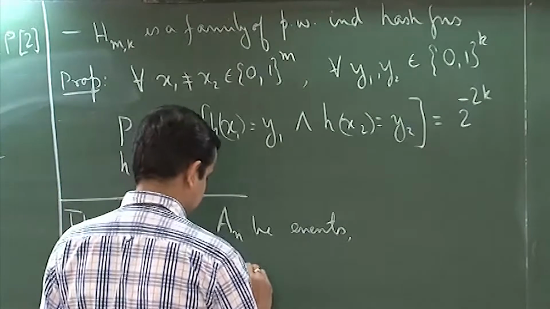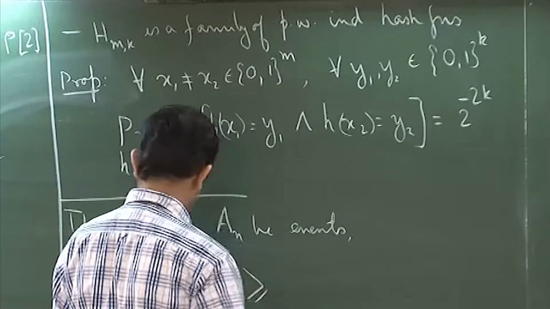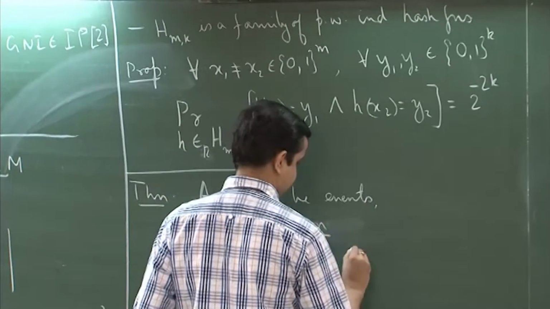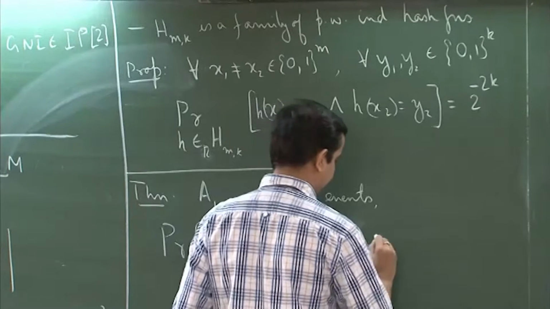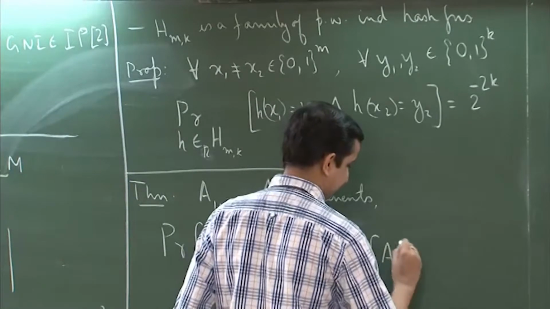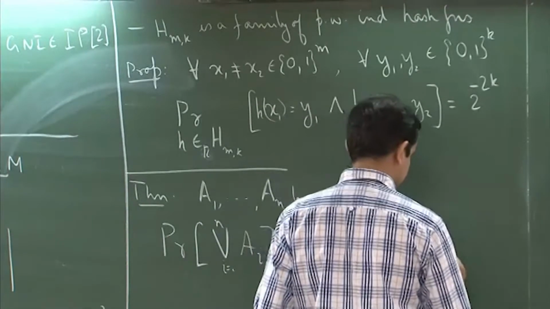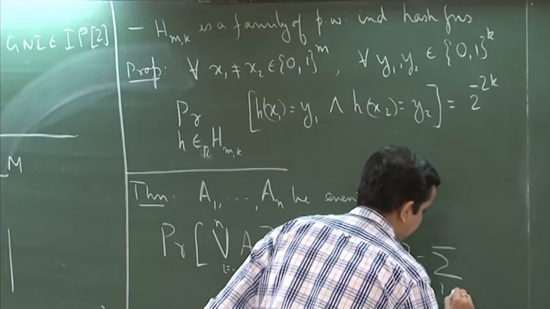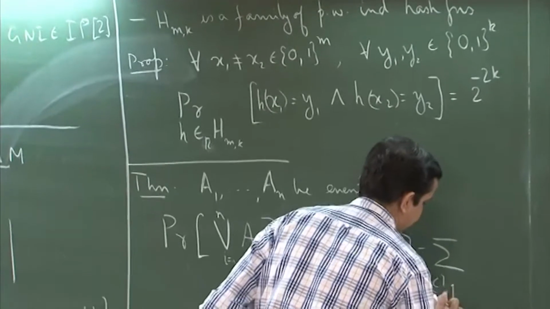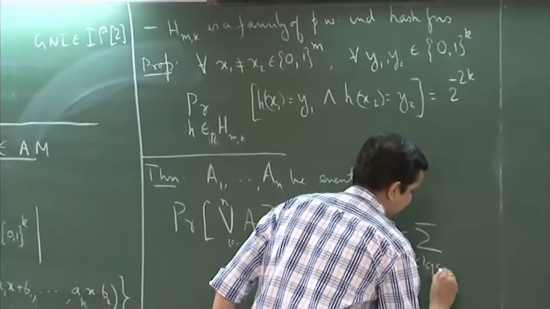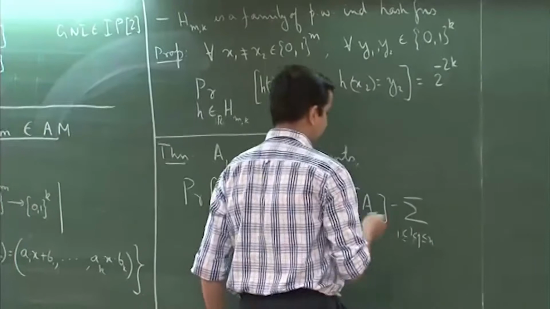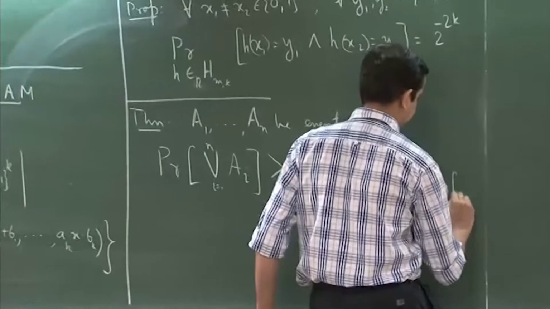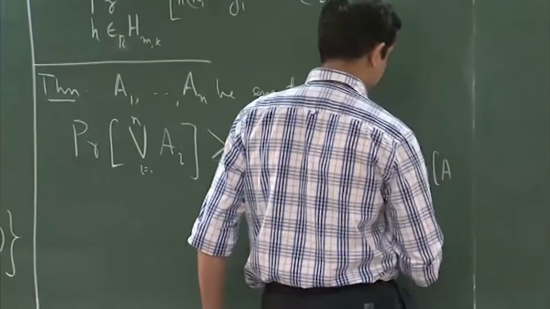is greater than or equal to the sum of the probabilities of the individual events, minus the summation over two distinct i, j of the probability that both events happen.